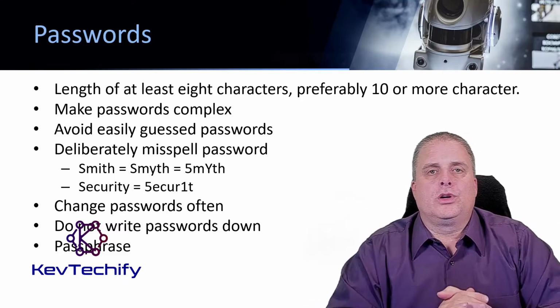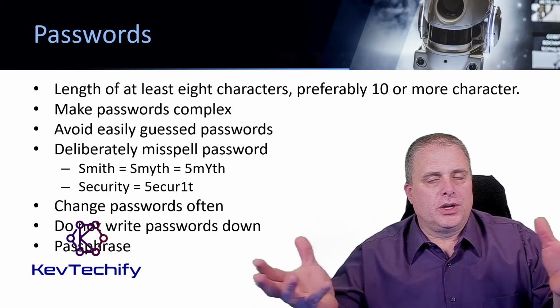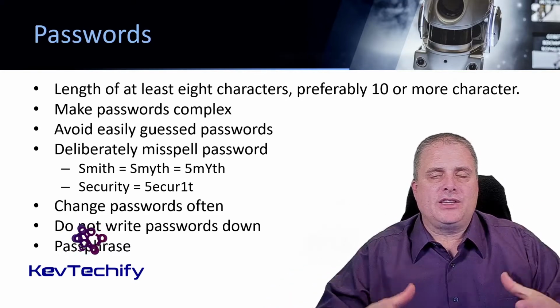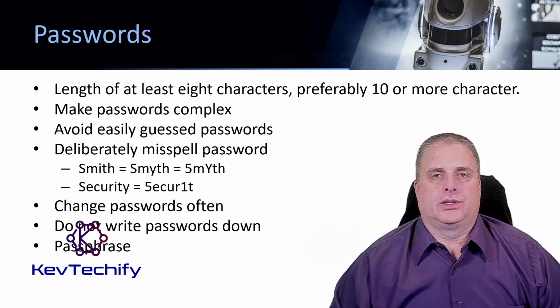Capitalize the first word or the second word, put a symbol in there, put a number in there. You have a password that is very secure. And so passphrases help you set complicated, complex passwords.